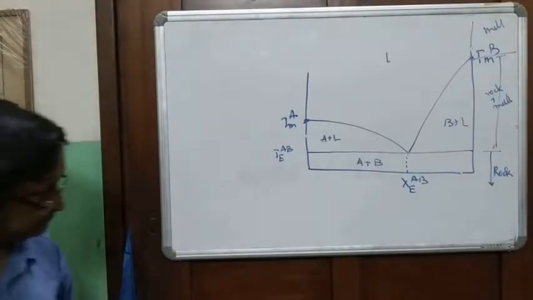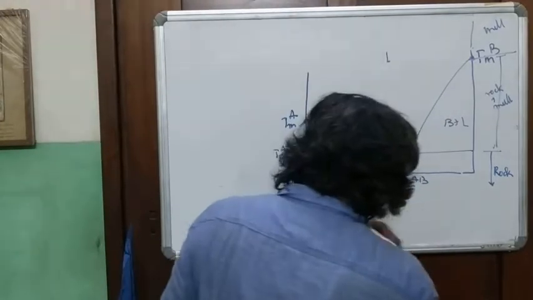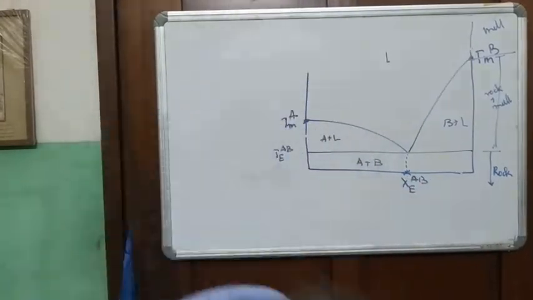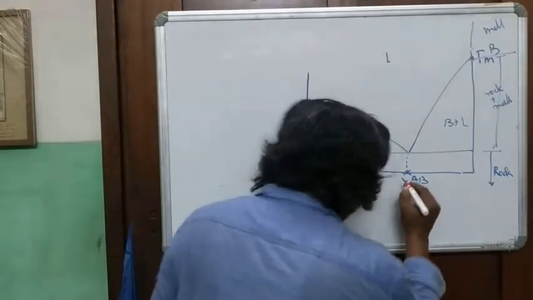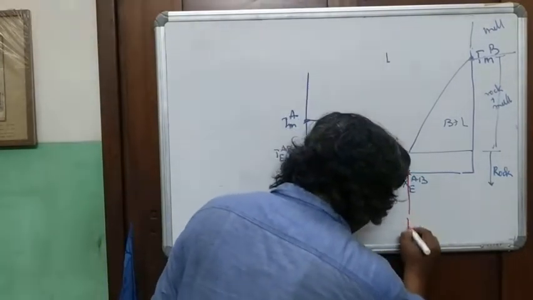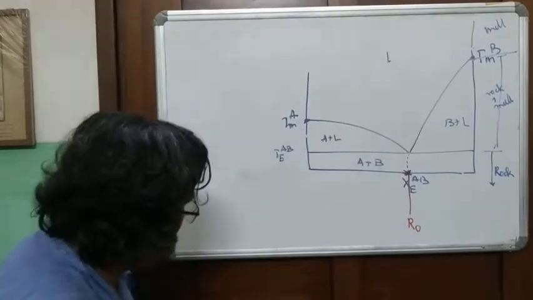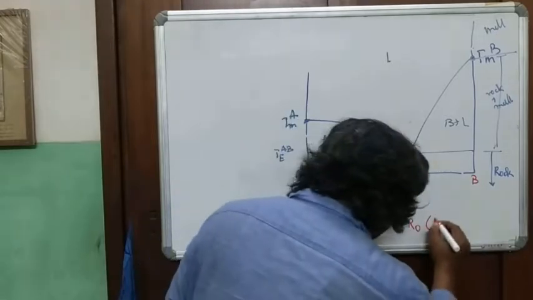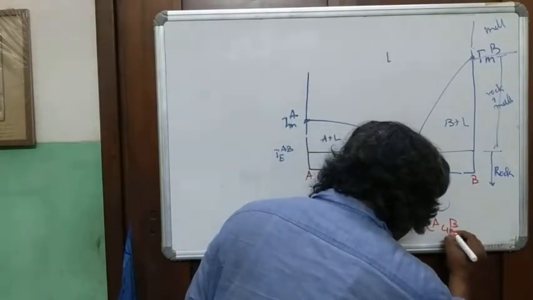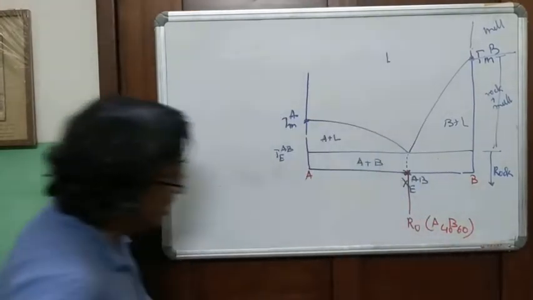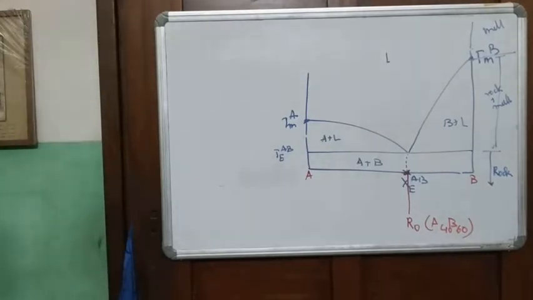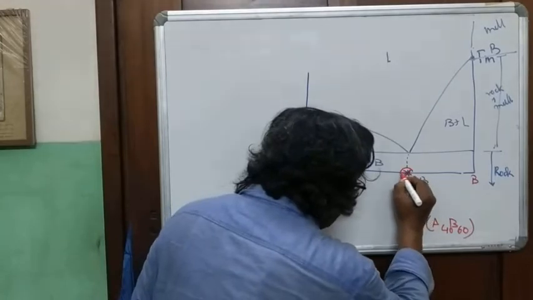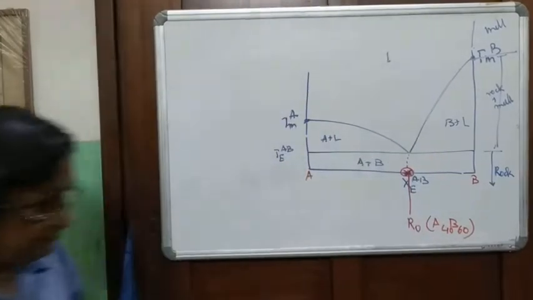Now just quickly, let's say this is the eutectic composition, and this is my R0, and let's say I write this as A and this is B. So R0 is A40 and B60, let's say. Now, if I have a rock whose composition is this, what will happen?